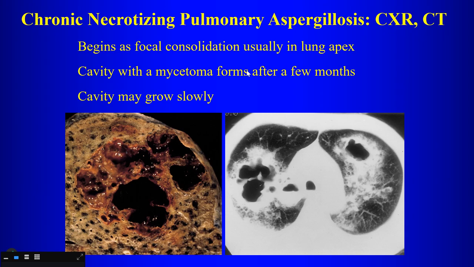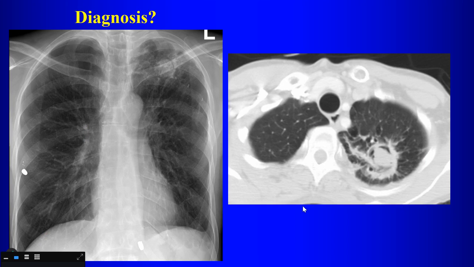This is chronic infection with aspergillosis, affecting the upper lungs. You can get cavities. Mycetoma can then form within the cavities. It tends to progress slowly, but essentially it's a chronic infection. Usually there is some underlying chronic problem like COPD, diabetes, etc.